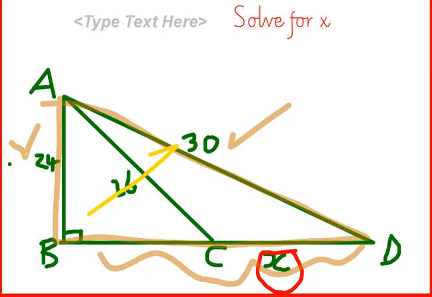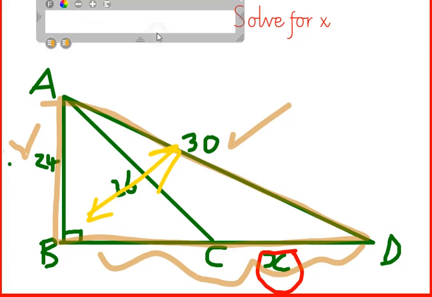The hypotenuse is the side that is opposite the 90-degree angle. So we're going to say 30 squared is equal to the one side, which is 24 squared, plus the unknown. So let's call this whole BD.